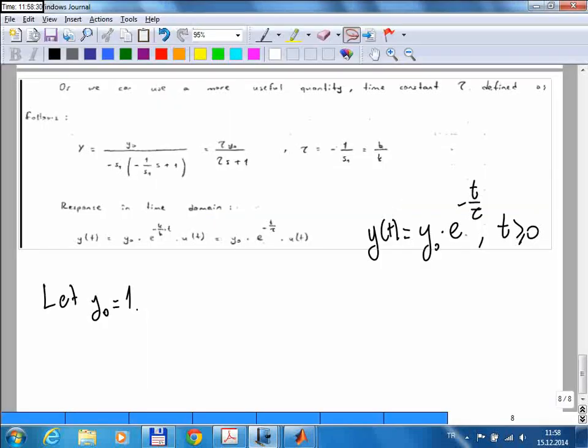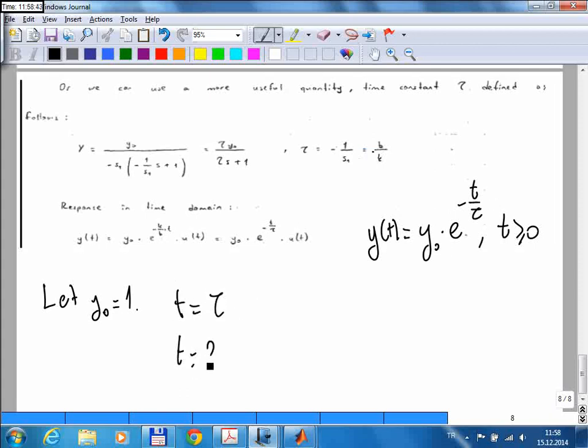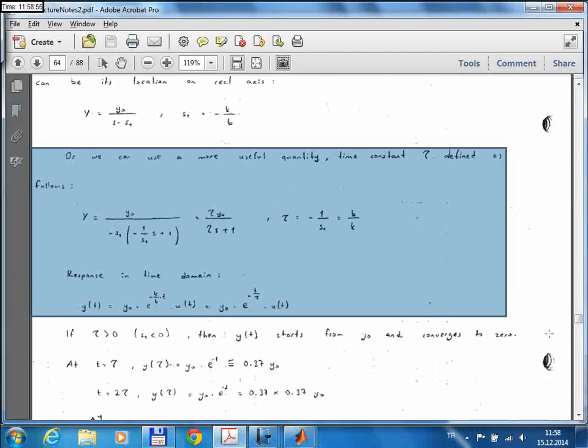So we did this before, right? So you can find the value of the output at different time instants in terms of time constant. For example, you can see if t is equal to tau, output is something, and t is equal to 2 tau, it's going to be y0 times e to power minus 2. It goes on like that.